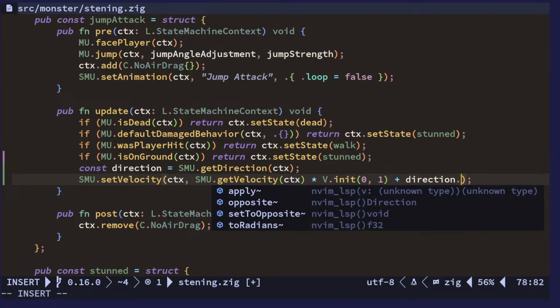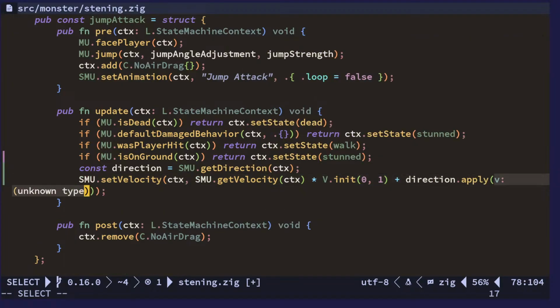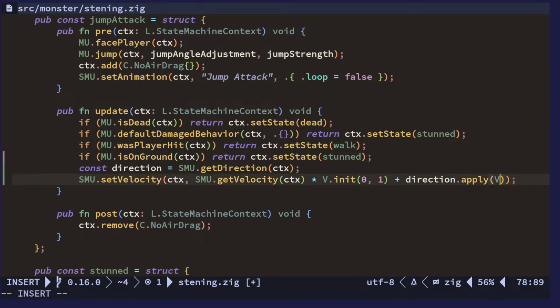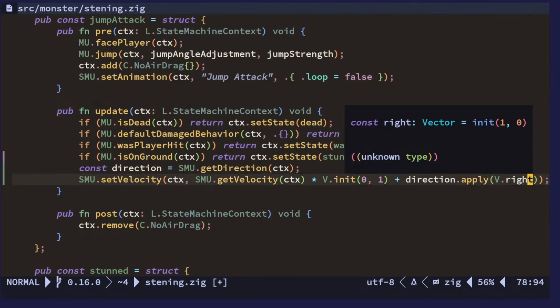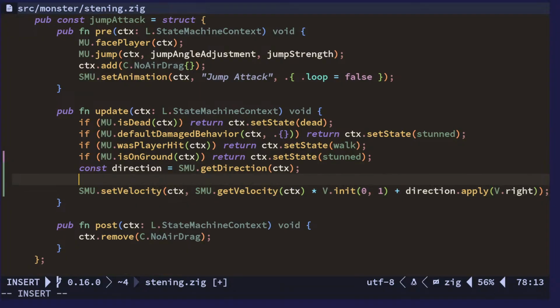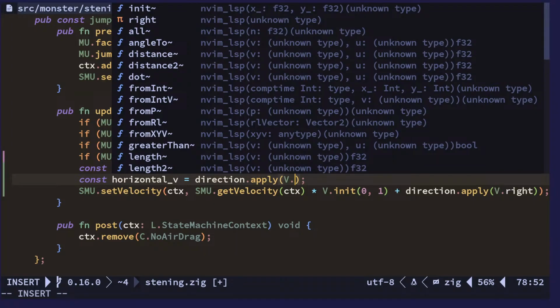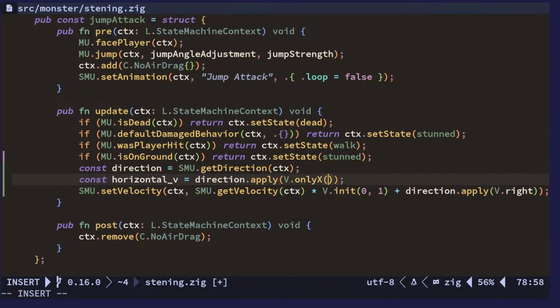And then we apply that to that. Actually, it's just got to be the speed here.